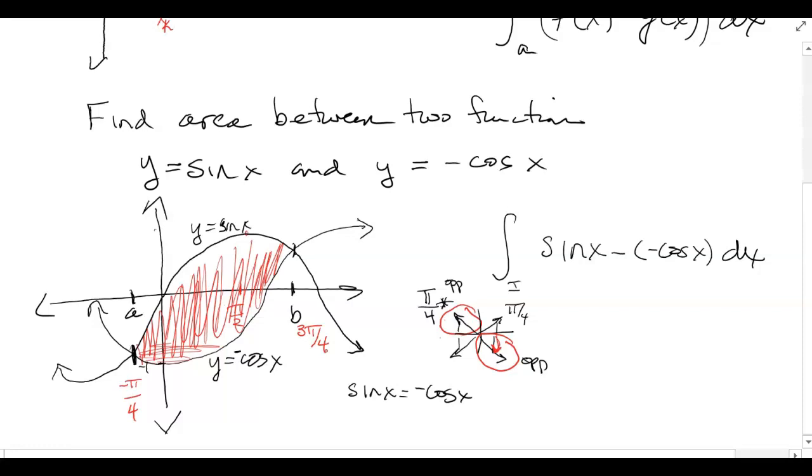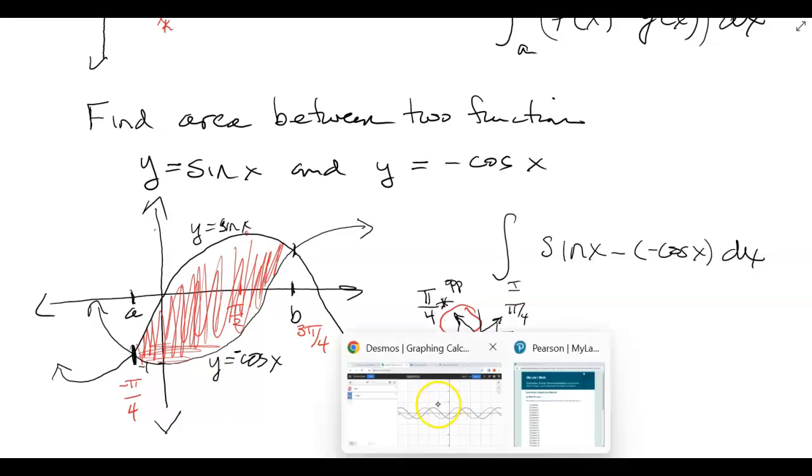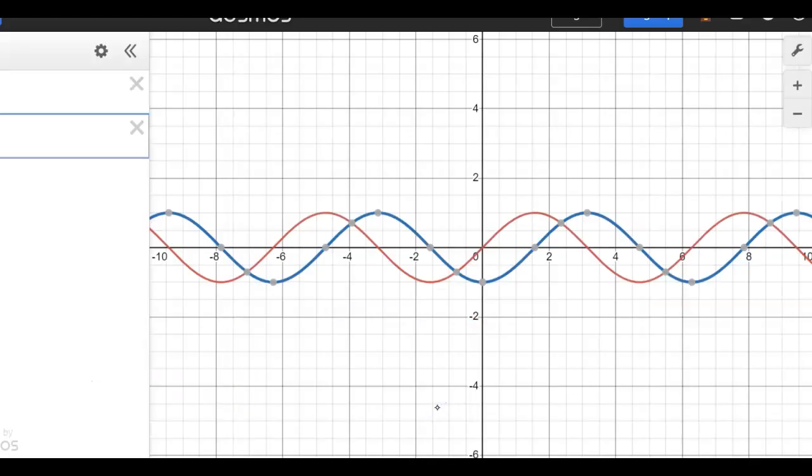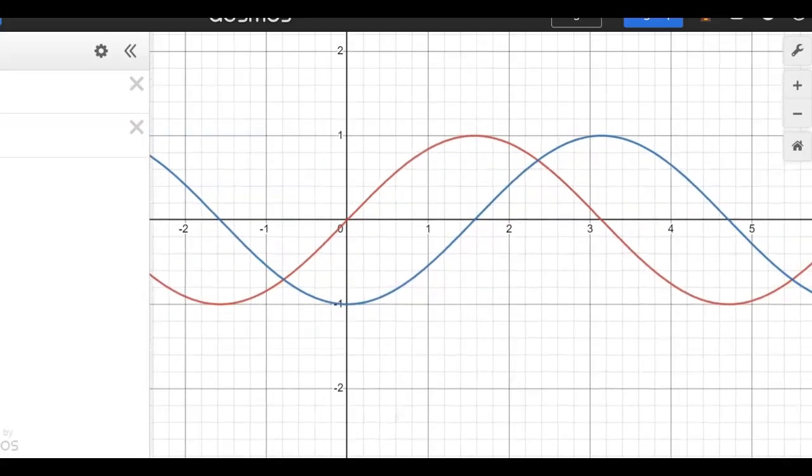So having a good understanding of your unit circle, having a good understanding of your basic trig functions and your trig ratios for angles such as pi over 4, pi over 3, pi over 6, your quadrant angles is really going to help you. And it allowed me to just say, hey, I know this is between negative pi over 4 and 3 pi over 4, of course.